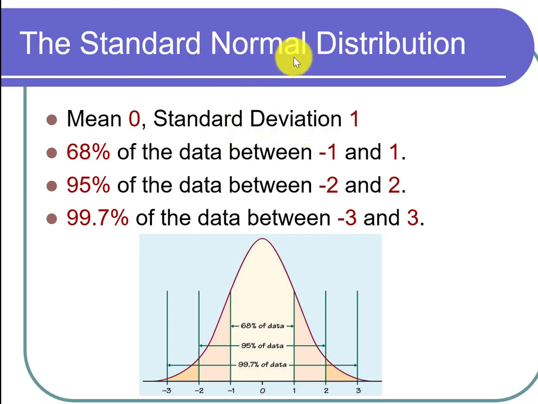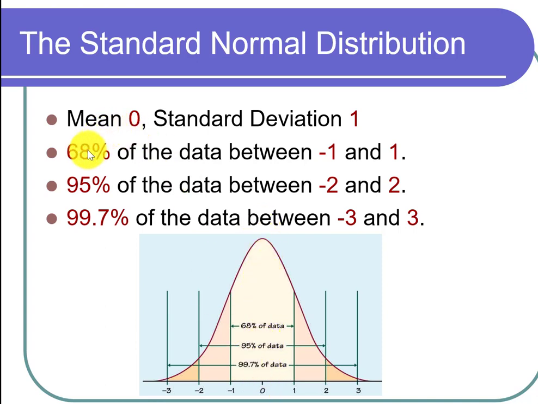Since it's a normal distribution, it has the shape of a bell curve. So it starts low, it goes on up, and it peaks right in the center, and then it comes down low. Notice it is symmetric about the mean, and because it's a standard normal distribution, it's symmetric about the mean of 0.